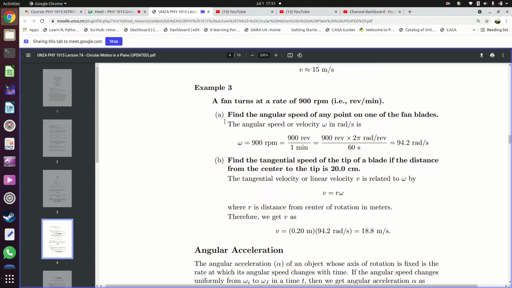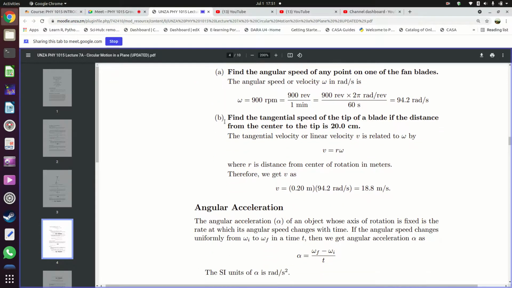But it's not always that an object is going to move at the same angular speed. There are times when it's important that an object moves faster, spins faster. For example, if you're driving a car, then you want to overtake a truck, or maybe the police are in front of you, you might need to slow down.